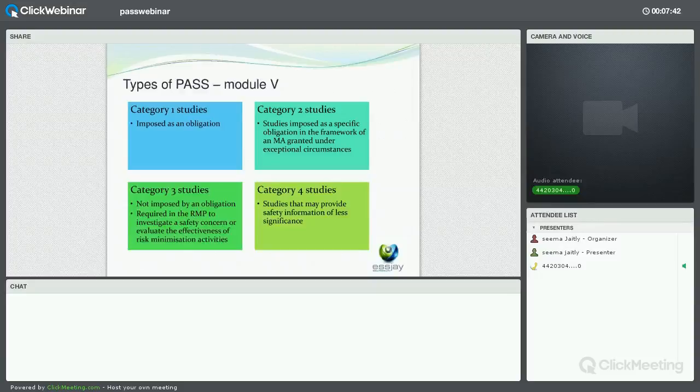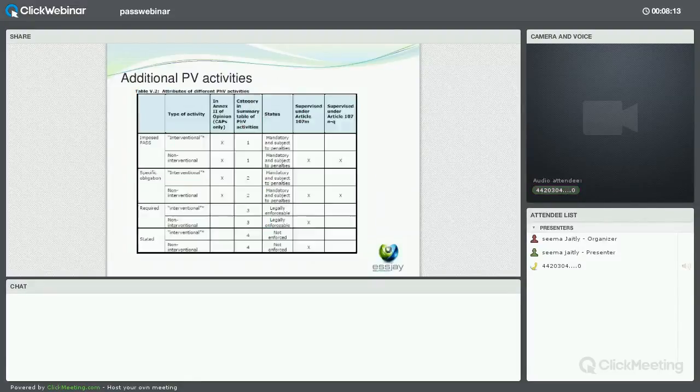Category 2, imposed as a specific obligation, but in the framework of marketing authorization granted under exceptional circumstances. Category 3, where this is not imposed, but there is an obligation because you need to perform this study to look at either a specific safety concern or to evaluate the effectiveness of your risk minimization activity. And then Category 4 is a much lower level; they may provide some safety information, but it's not as significant as the other studies.